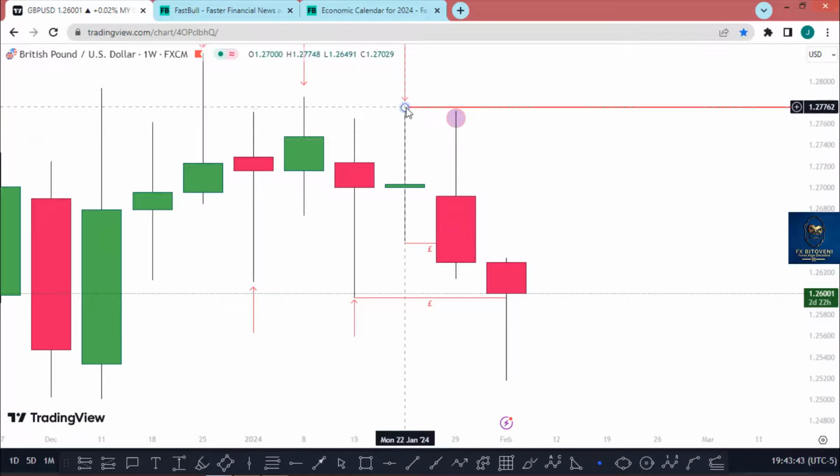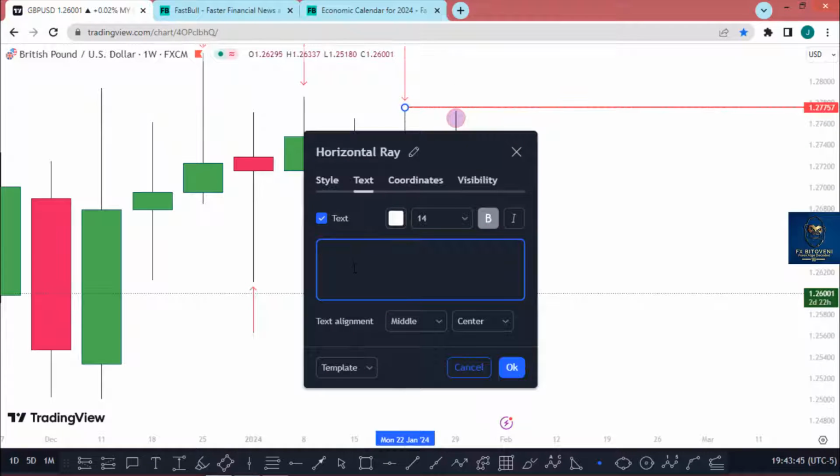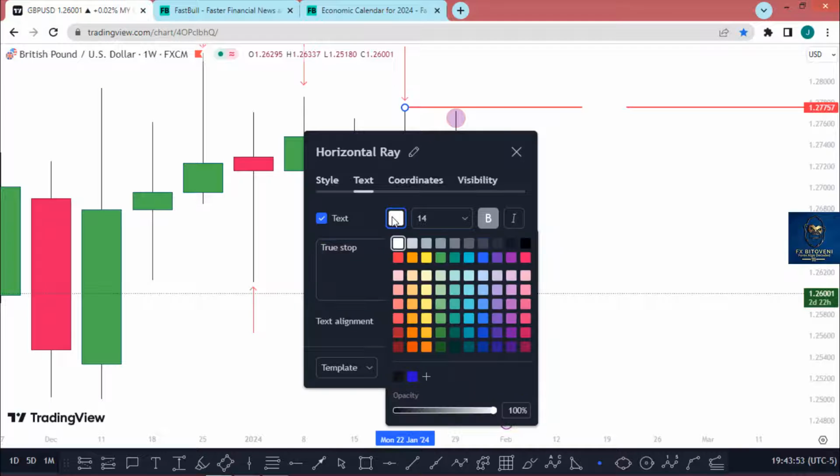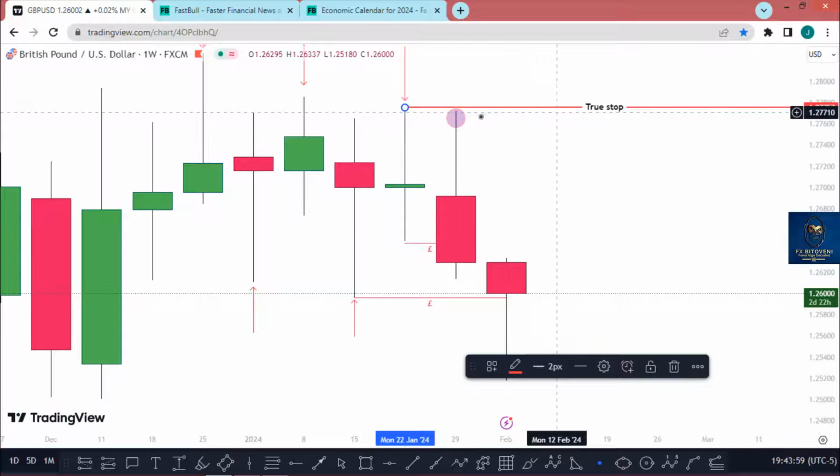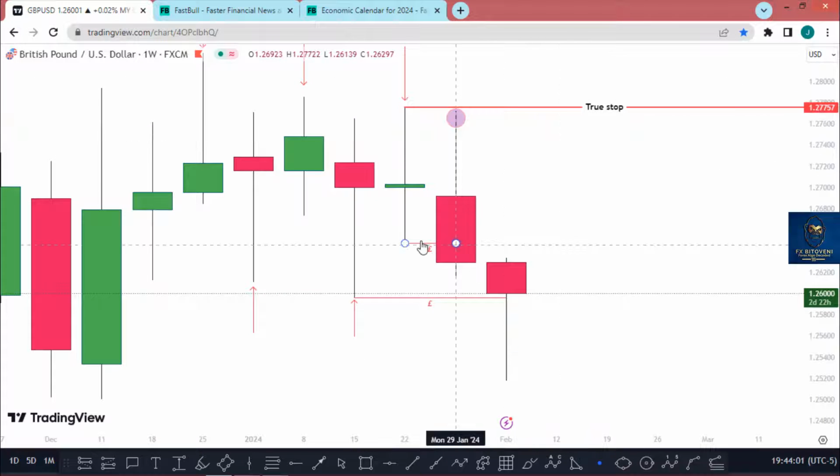So you have your true stop. Let me add some markings, guys. You have your true stop, your true stop loss. Market is not permitted to cross this area. Now you have a liquidity to the downside.